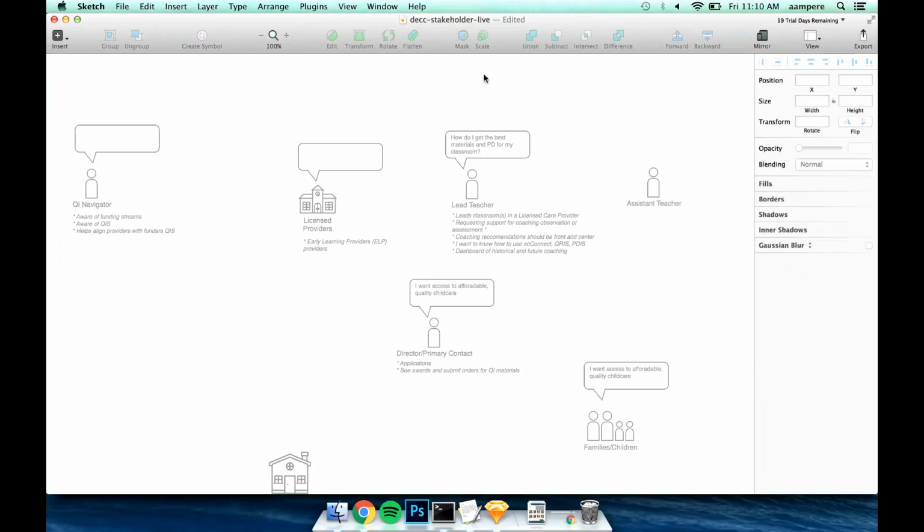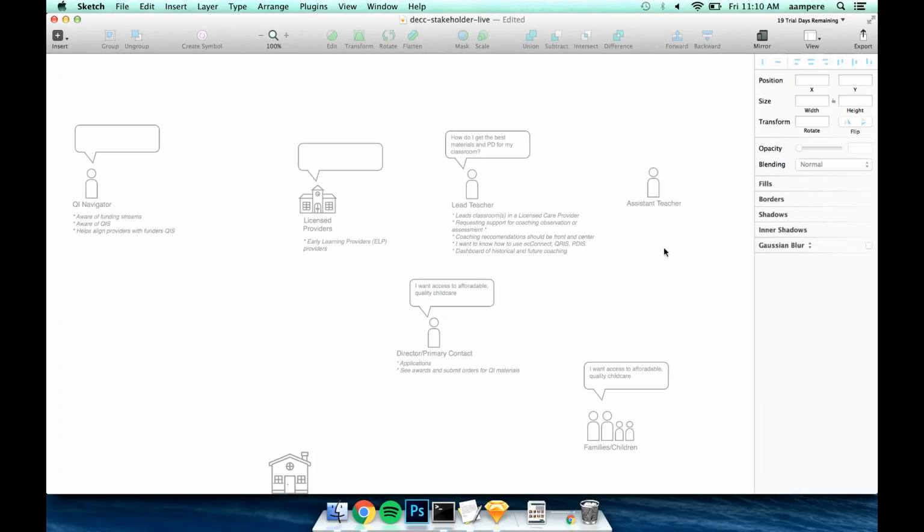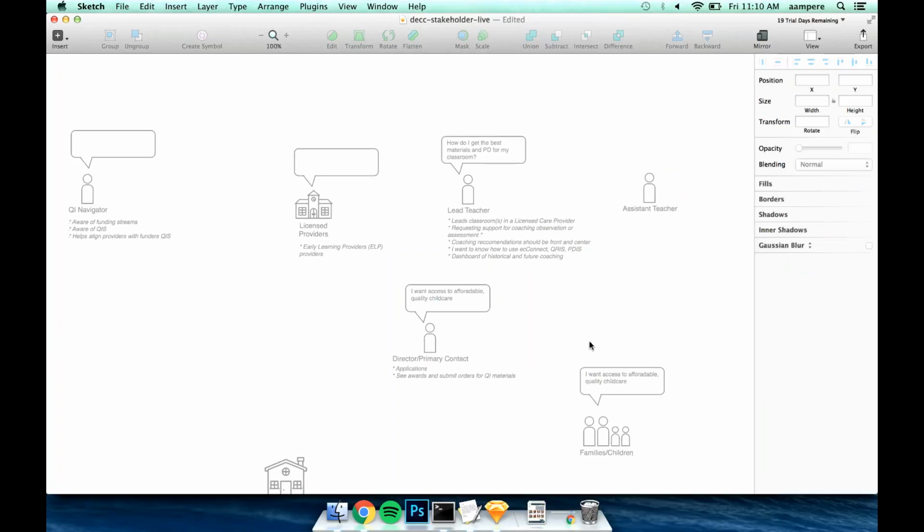Is there a timeline that kicks off? There is a life cycle of quality improvement that's available on the support site that you could look at for that timeline. So are you saying having one that's specific to the director on EC Connect?